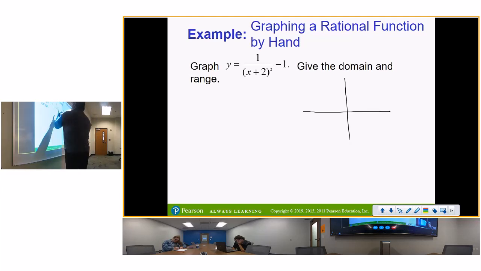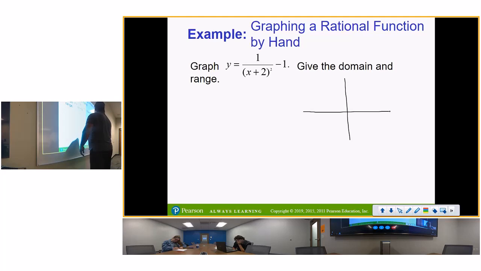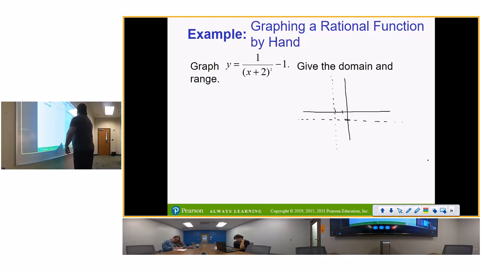So positive 2 means 2 to the left. There's our vertical asymptote. And we've got a negative 1 vertical shift. So I'm going to draw my parent graph in here. Here's my parent graph.